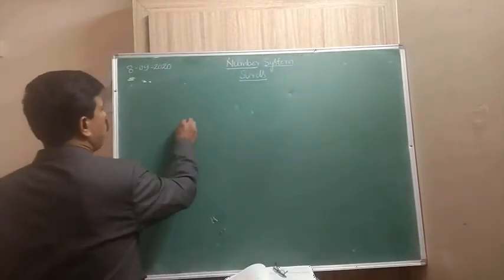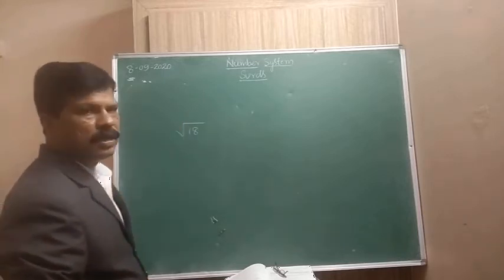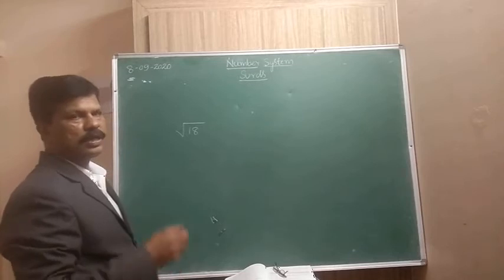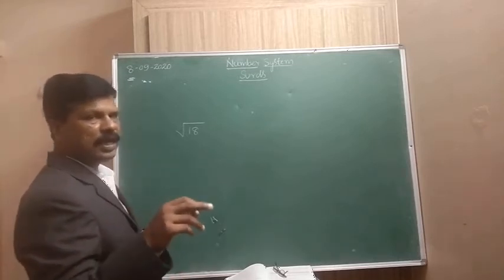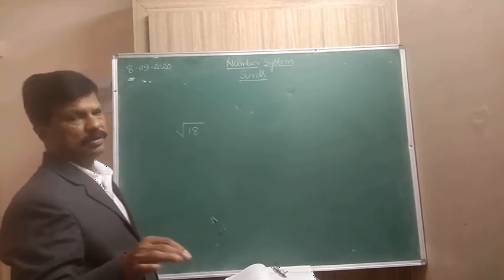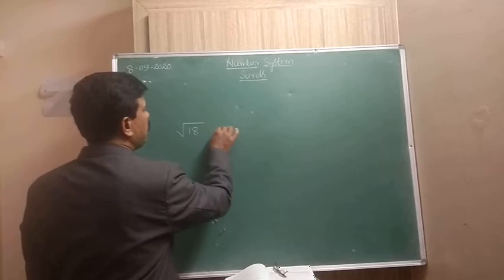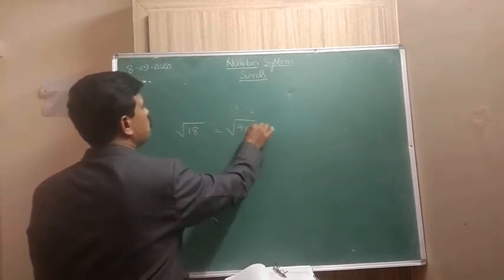See, square root of 18. This is not a reduced form, or it is not in the simplest form. Simplest form means the radicand cannot be further simplified. Now this can be written as square root of 9 into 2.